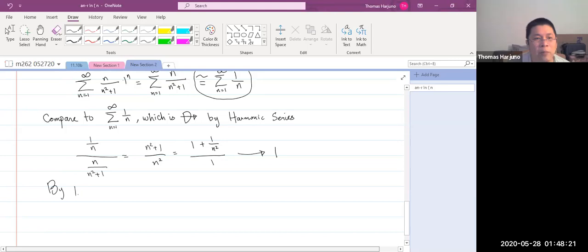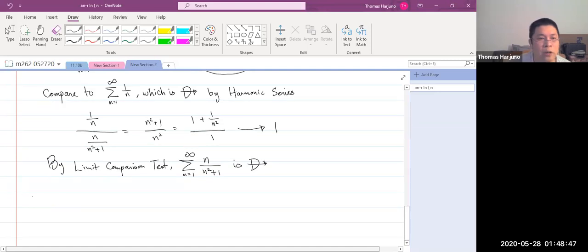And by limit comparison test, the series from 1 to infinity of n over n squared plus 1 is divergent.